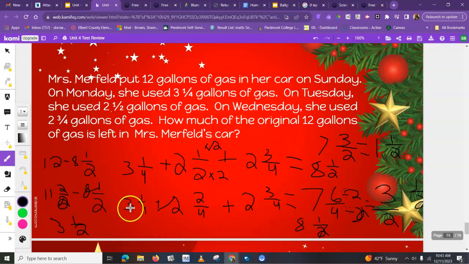So I just added all 3 of those together, 3 1/4 plus 2 2/4 plus 2 3/4, and I got 7 6/4. But then I simplified that, and I divided both by 2, top and bottom. And that got me 3/2. It's improper, so I had to change it to a proper fraction. So you can get one group of 2 out of 3, so that's going to give me 1 as my whole number. So I could add that to this, and I think that's how I did it. I can't remember.